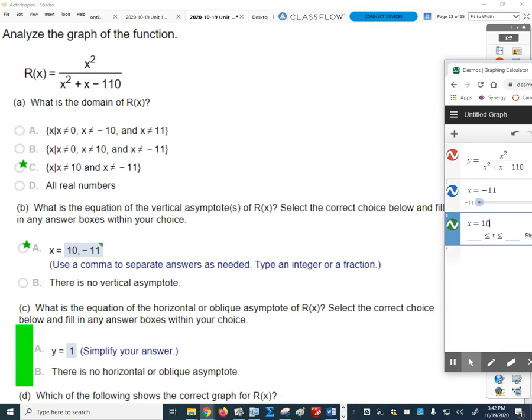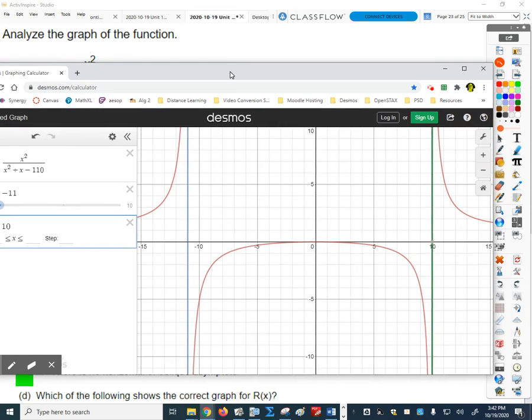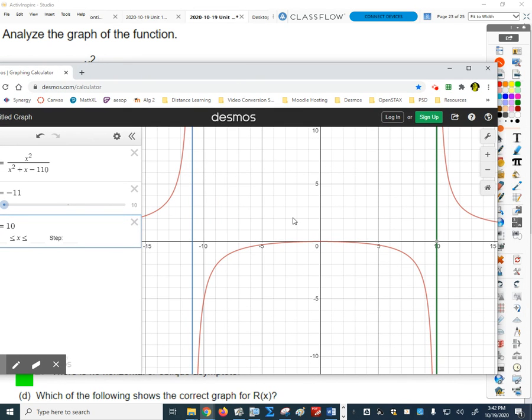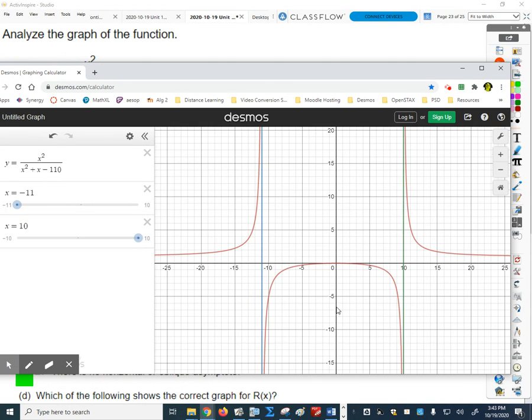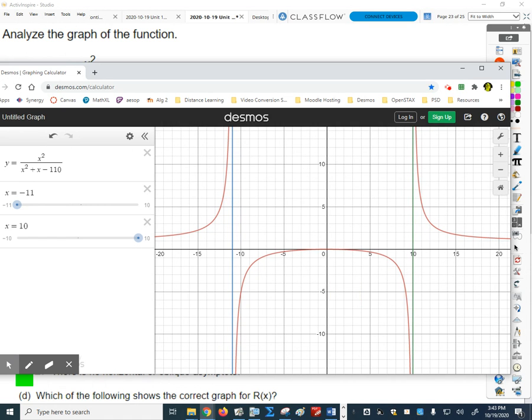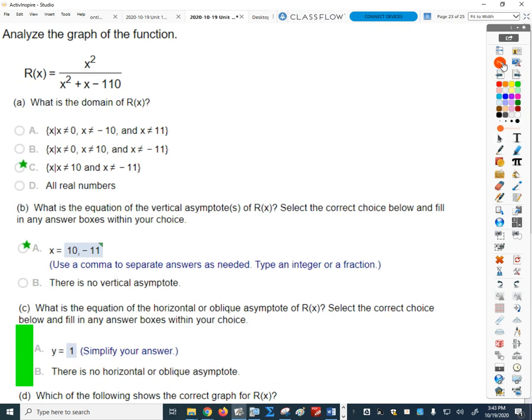And then the last part, they want to know any horizontal or oblique asymptotes. Well, we could just zoom out effectively, couldn't we? If we zoom out, we can see that we're going to have a horizontal asymptote that's greater than 0. Let me take 2 pictures for the notes. Here's one.